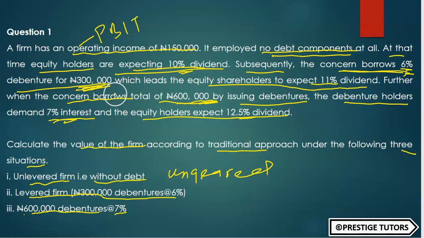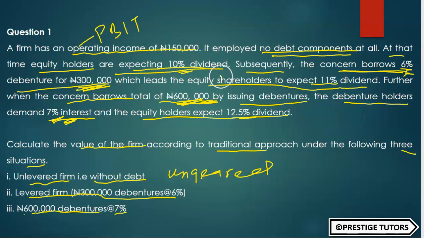You are taking 300,000 naira at 6%, stated at the beginning of taking the debt. For the second option, we have 600,000 naira at 7%. So when you are taking it up, you already know that the value of the debt is 600,000, and you are also aware of the interest rate, 7%.